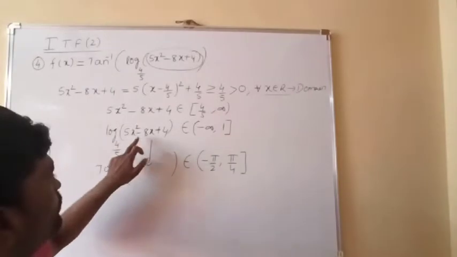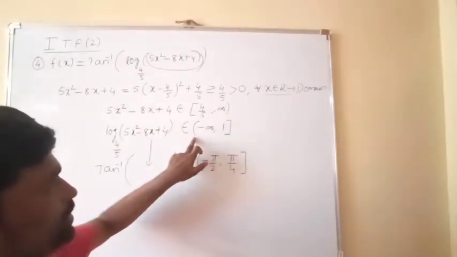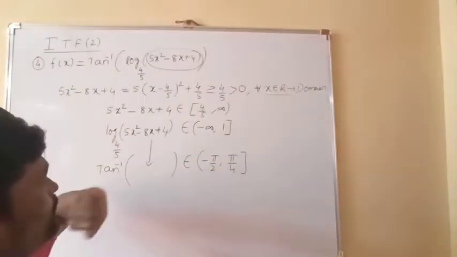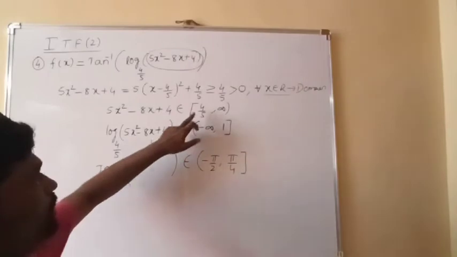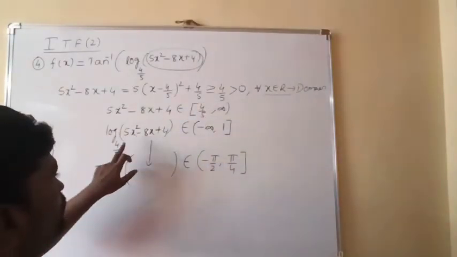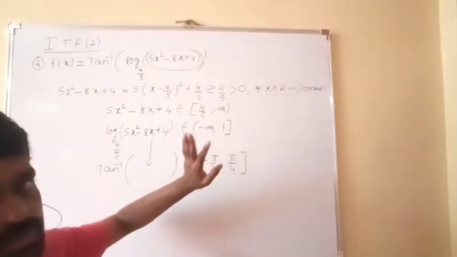Log of tending to infinity base 4 by 5 is minus infinity. Here an open interval is there, here also open interval. Next, to get maximum value, we have to substitute this whole value as 4 by 5, so 4 by 5 base 4 by 5 is 1. Here closed is there, here also we get closed.